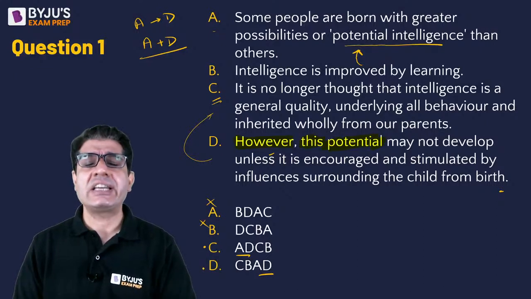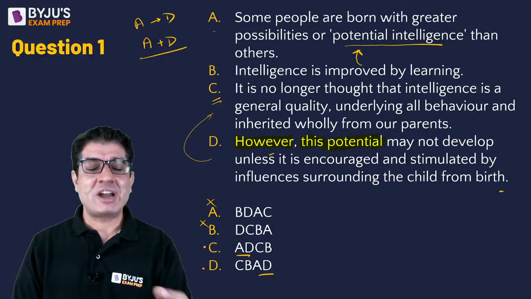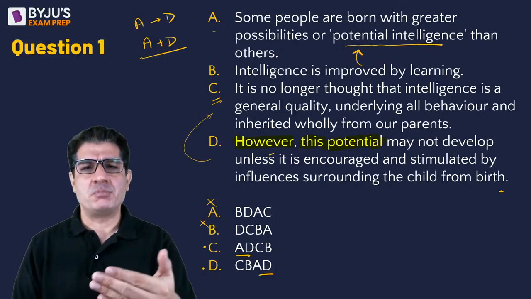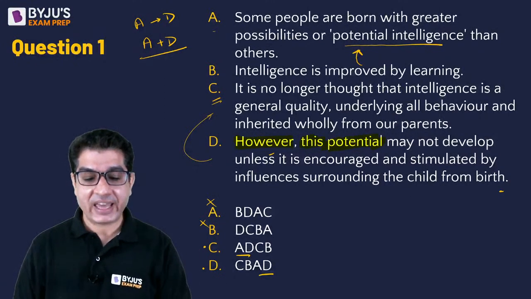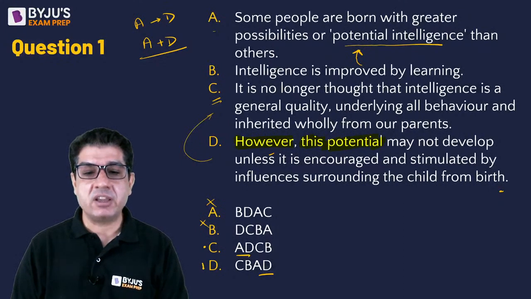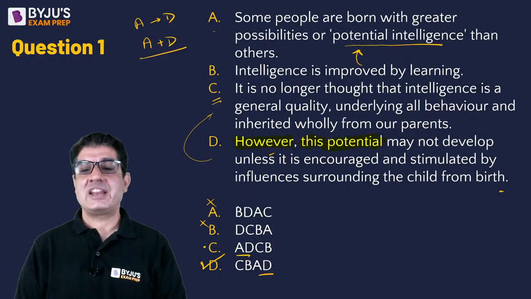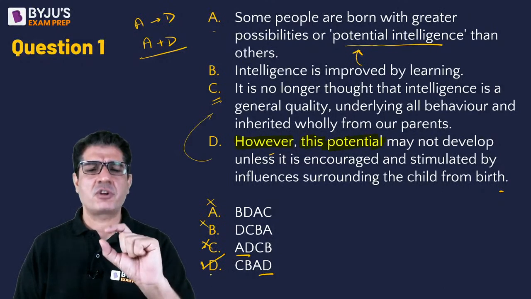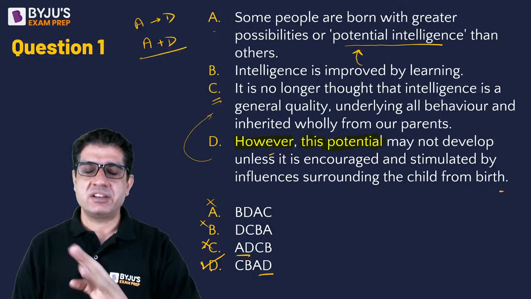A and D have already established that. So why would you talk about C now? And then why B afterwards? B should be put before A and D. And that is why our answer to this question should be option D and not option C. So transition from D to C does not make sense.